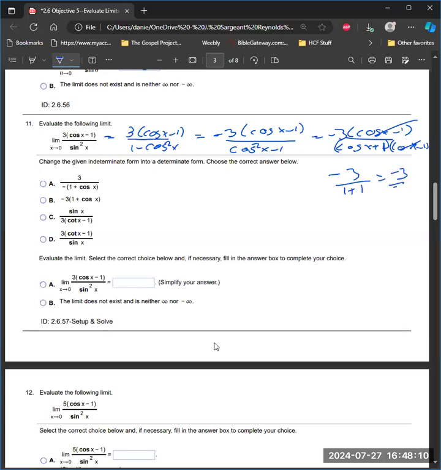That's a -3/2. And 3 over, let's cosine x.